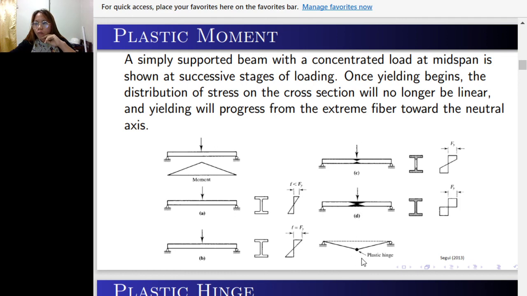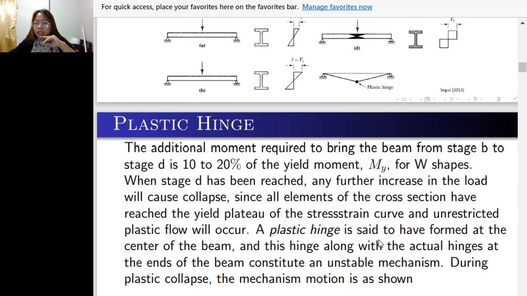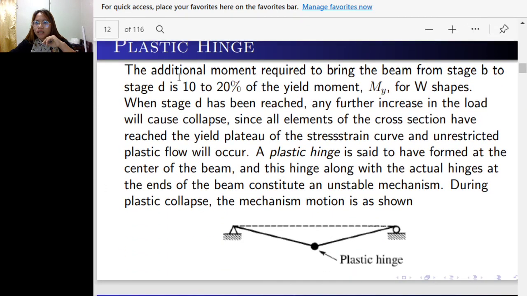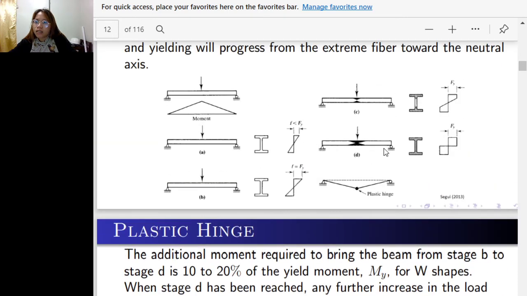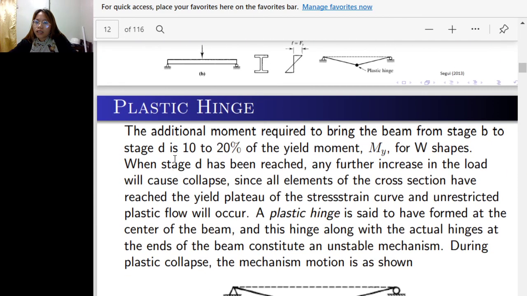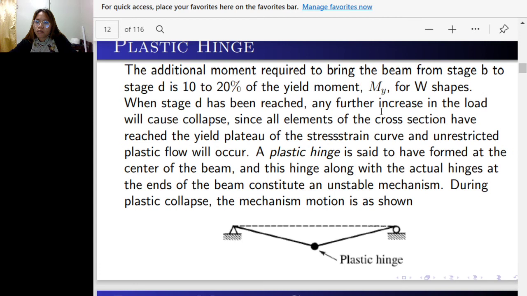So maabot sa point nga naa kay gitawag nga plastic hinge diri dapit, no, sa center. So mura siya na plastic hinge na siya. So plastic hinge, the additional moment required to bring the beam from stage B to stage D is 10 to 20% of the yield moment M sub y for W shapes.